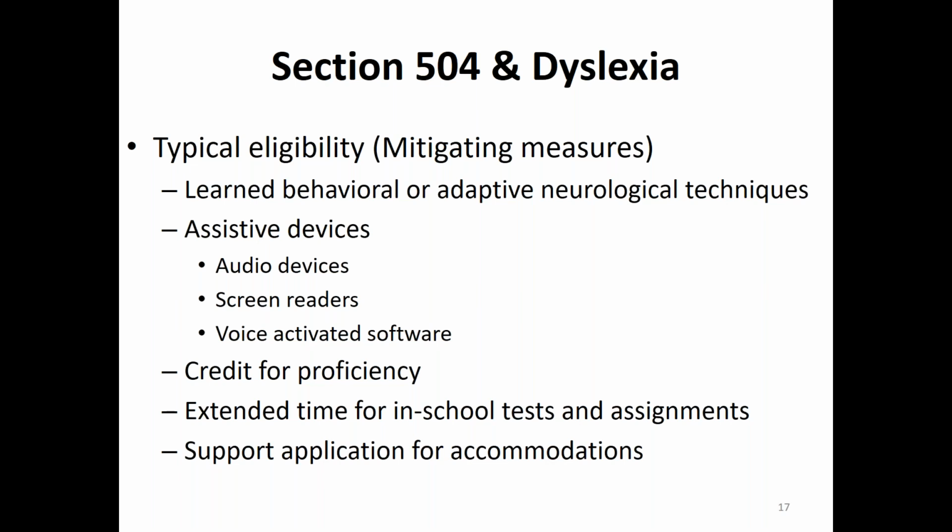An example is if a student's taking geometry and they have 50 questions on a test or on a homework assignment, we may say if the student achieves 95% proficiency on 30 of those questions, then maybe that shows mastery. So the student may not need to do all 50 questions. Extended time is also a factor in this area as well.